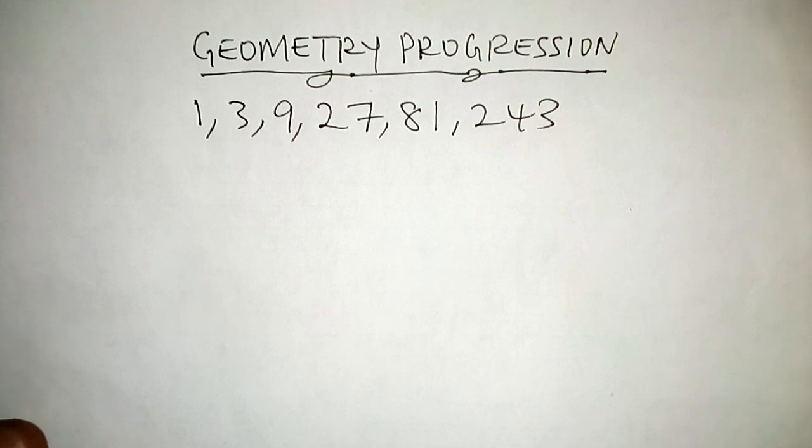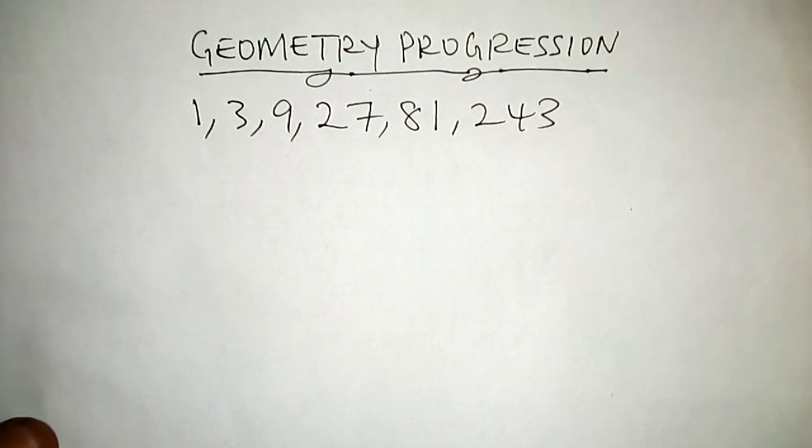Alright, let us quickly, without wasting time, look at the list of numbers that we have already. Like in our previous edition, we said that the common ratio here is 3.